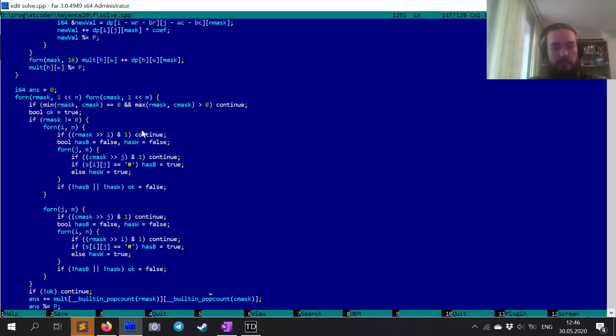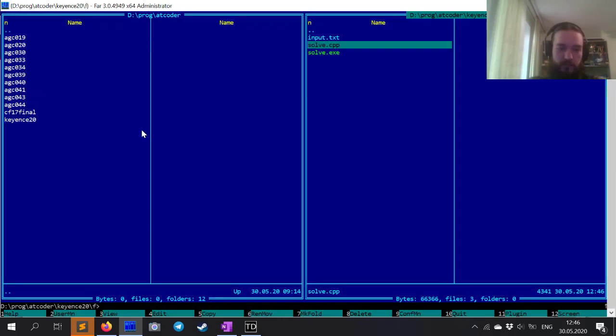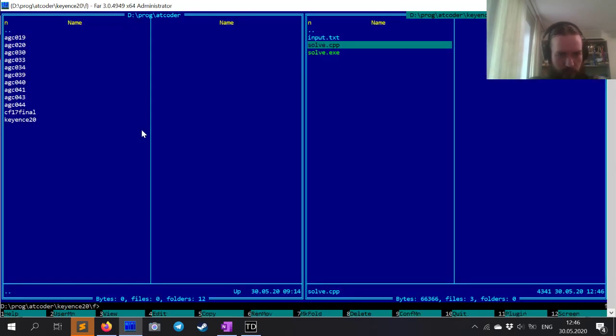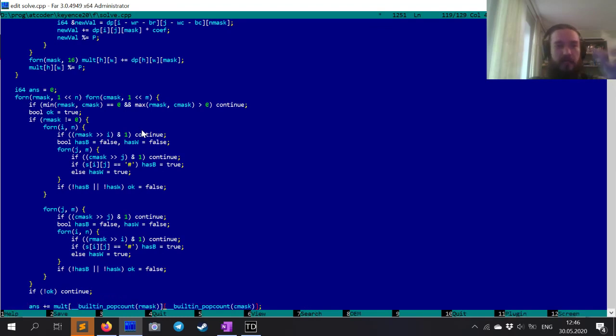Okay, so let's look at which R mask and C mask can possibly are considered as correct. Yes, both of them, but this can't be true, can it? Because this cannot be equal to, we should skip if this bit is 0.